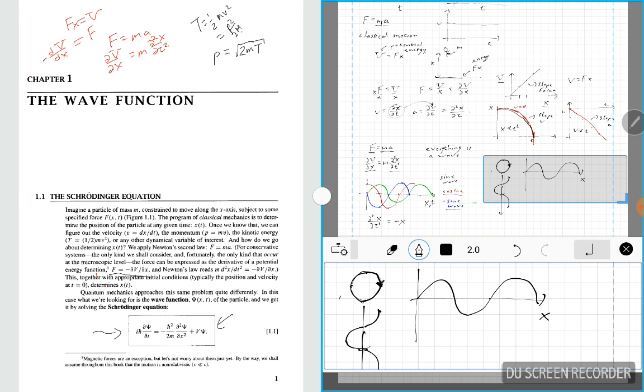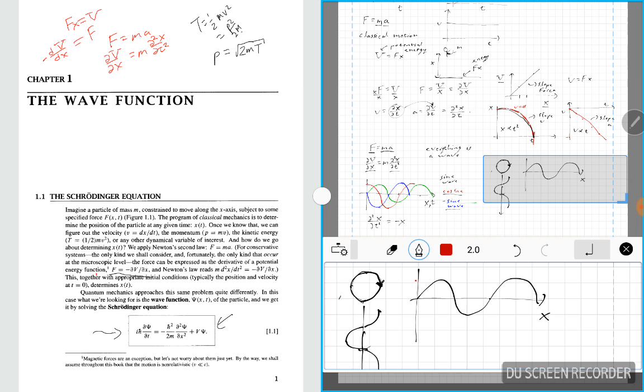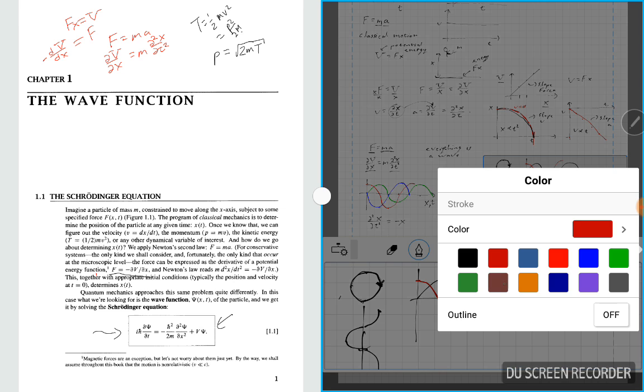So the position is also periodic, meaning that if I do the same trick again, I get the derivative of my position in terms of position. So I take the derivative with respect to space now, and I get the same thing. I get a cosine wave, same as I got with time.